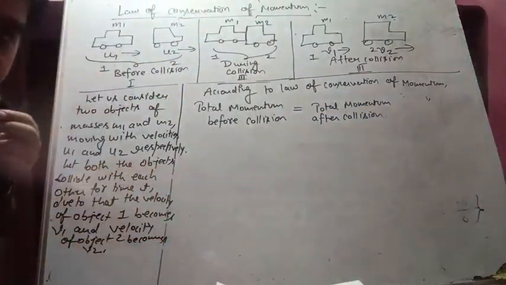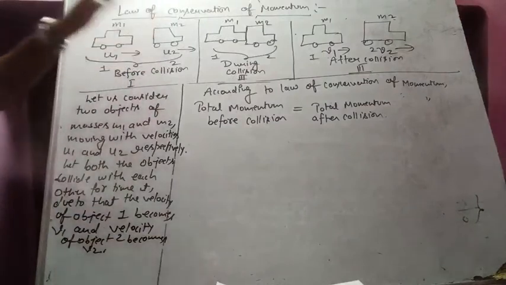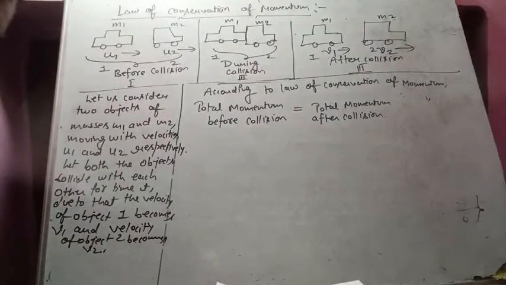Momentum will be conserved. It doesn't matter what the momentum of the first and the second is, but total momentum before collision and total momentum after collision will remain equal.